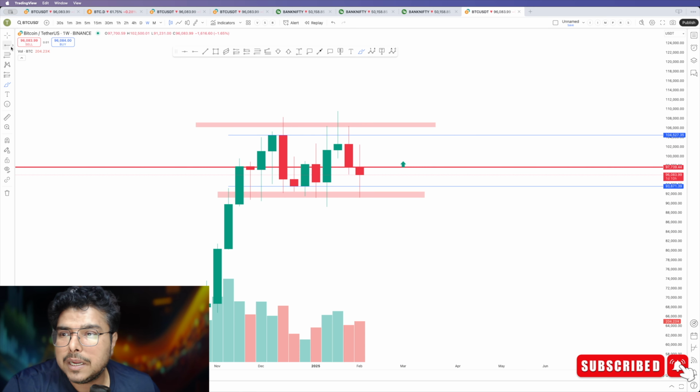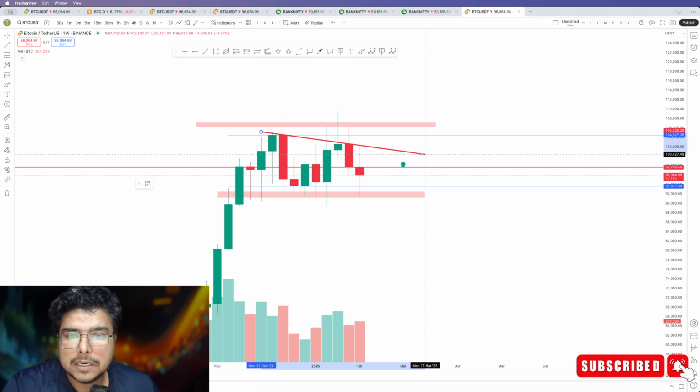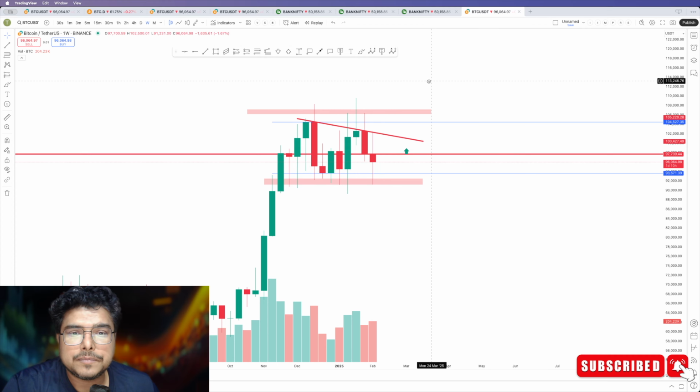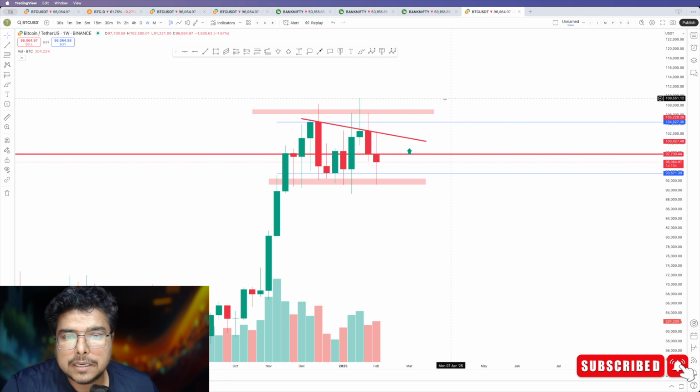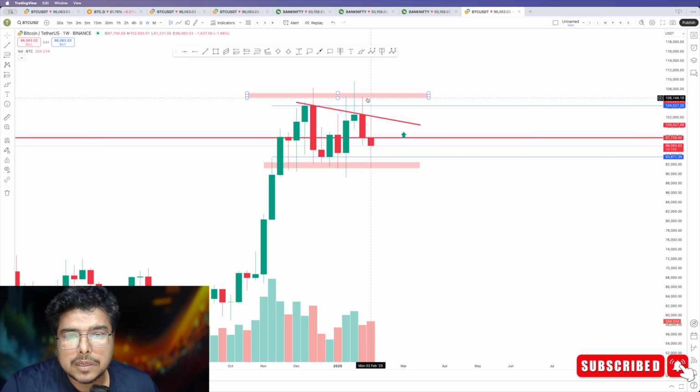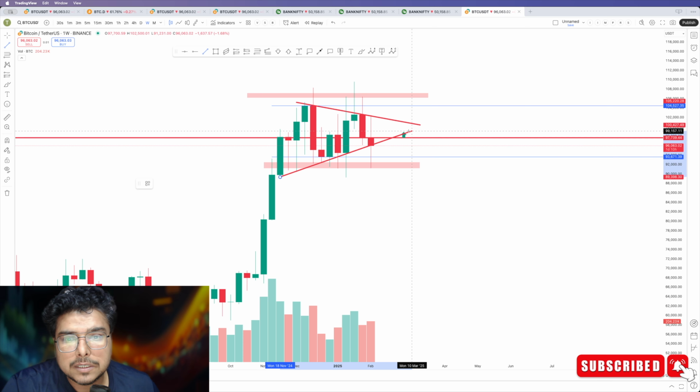Instead of that, I can use a trend line, right? Something like this. Okay. So I think that can be crucial. It already took the rejection from these levels only. Okay. So this can be crucial, and plus it's obviously on the bottom side as well, right? Something like this.